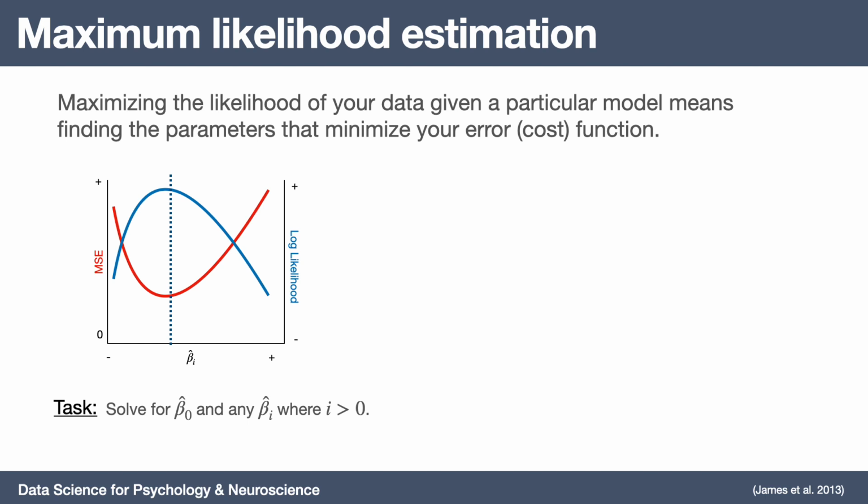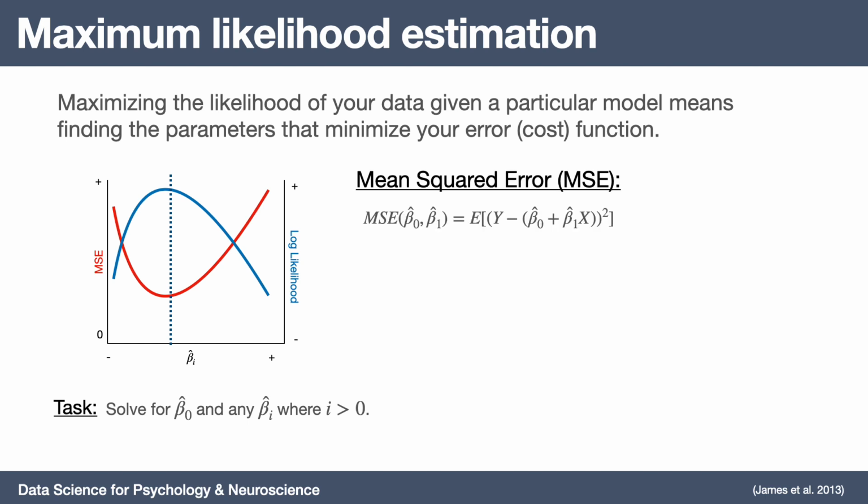So let's return to our mean squared error. Remember, our mean squared error is just the average of our residual sums of squares. So I can define the mean squared error as the expectation of all y's minus my regression equation. Here I'm just including a single x term just for simplicity.